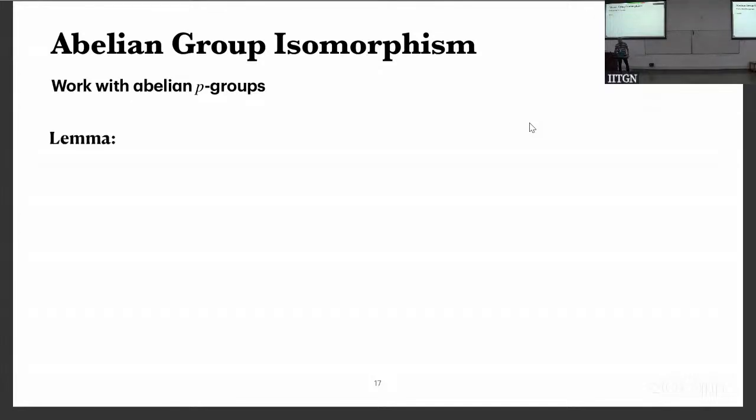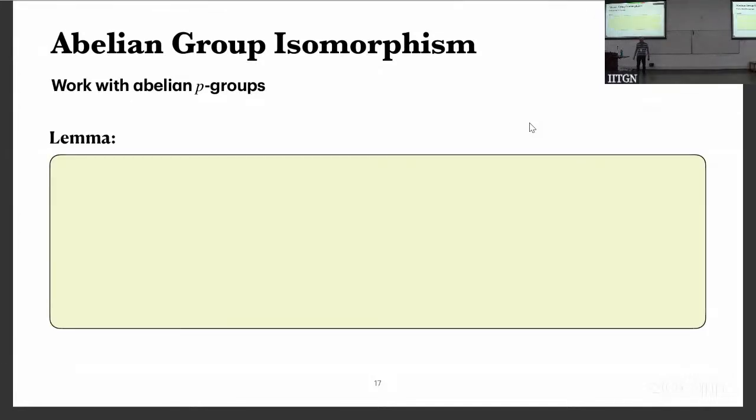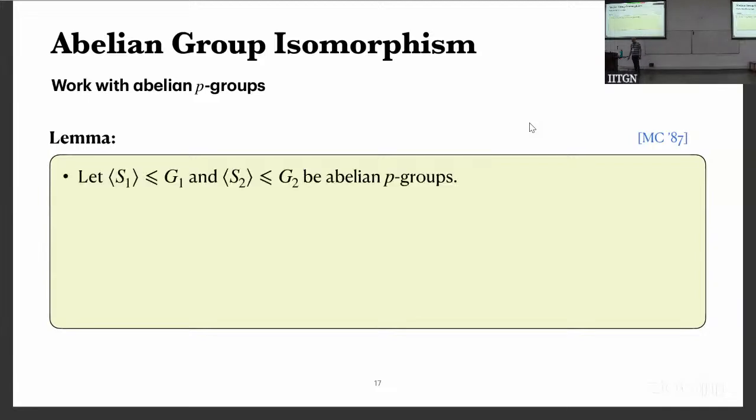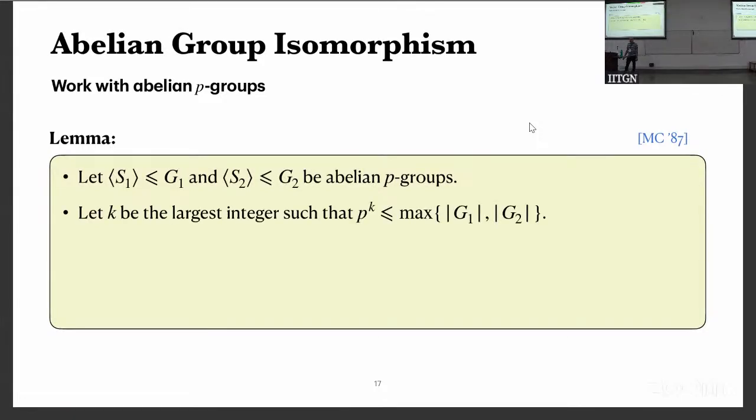Okay. So doing the following crucial lemma: suppose S1 and S2 are two sets from G1 and G2, and their spans are given.